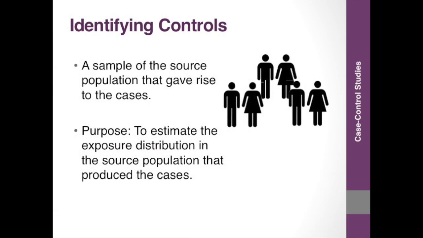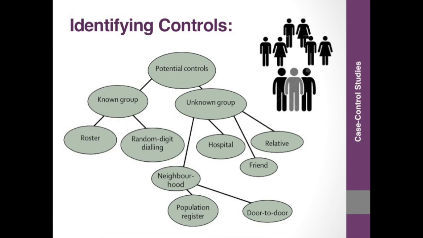The validity of case control studies depends on the selection of appropriate controls. Controls are a sample of the source population where the cases come from, and the purpose is that they will help to estimate the exposure distribution in the source population that produced the cases. There are different types of controls. They might come from the general population.